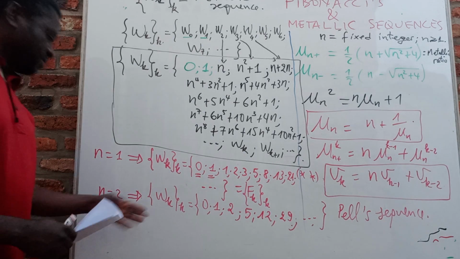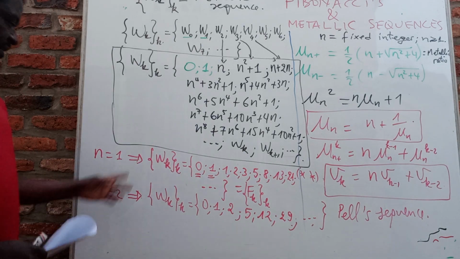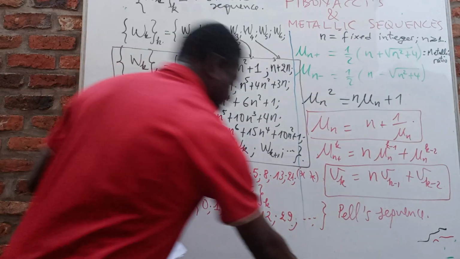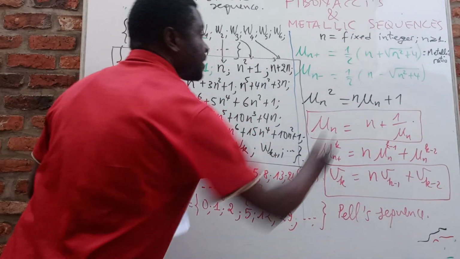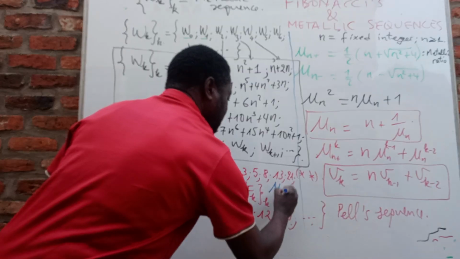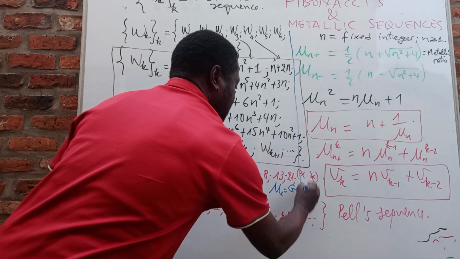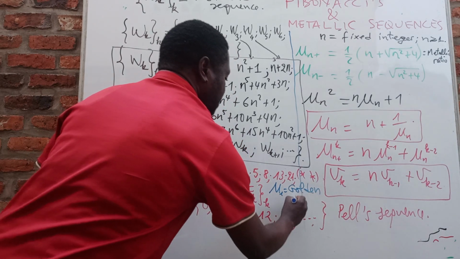So we can have n equal to 3 and so on. And in the case of n equal to 1, the corresponding metallic ratio, mu1, is called the golden ratio.